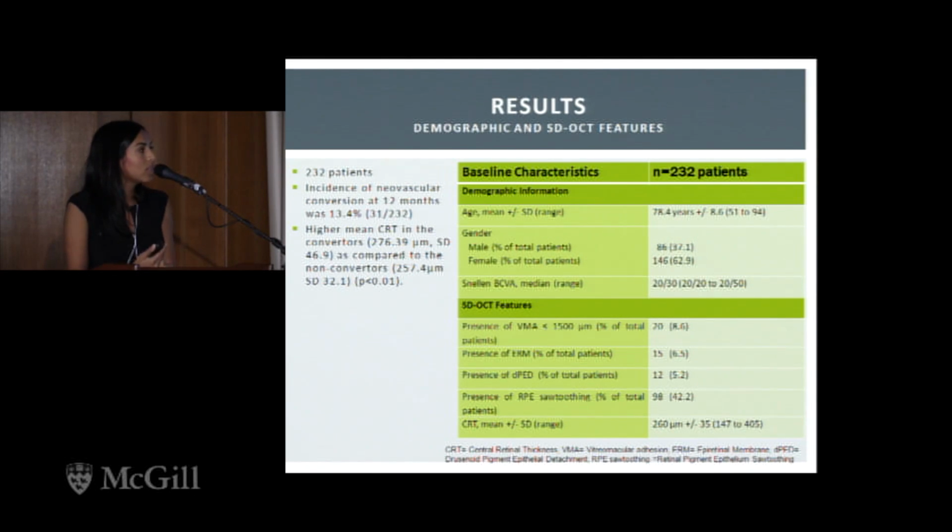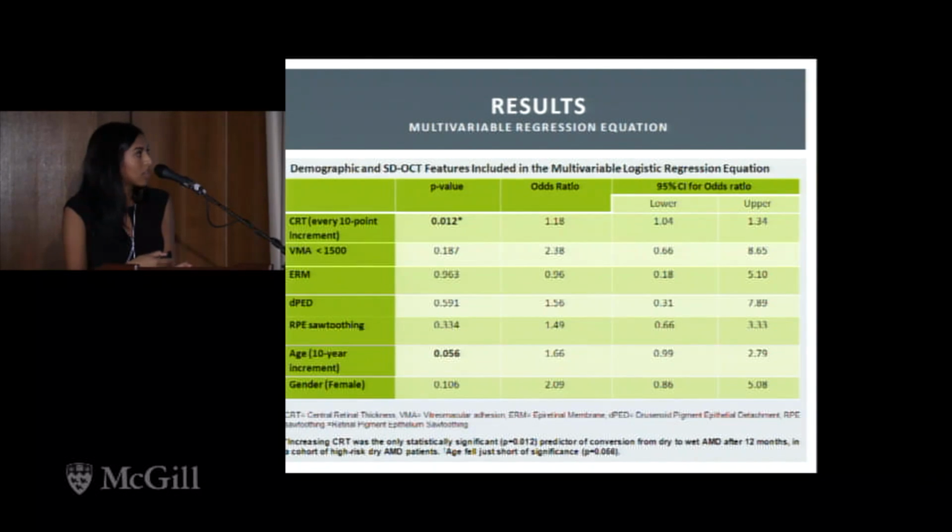The only feature that really came out was a statistically significant difference in the mean central retinal thickness in the patients that converted compared to the patients that did not convert. It was a matter of 20 to 30 micrometers: 276.39 in the group that converted compared to 257 in the group that did not convert.